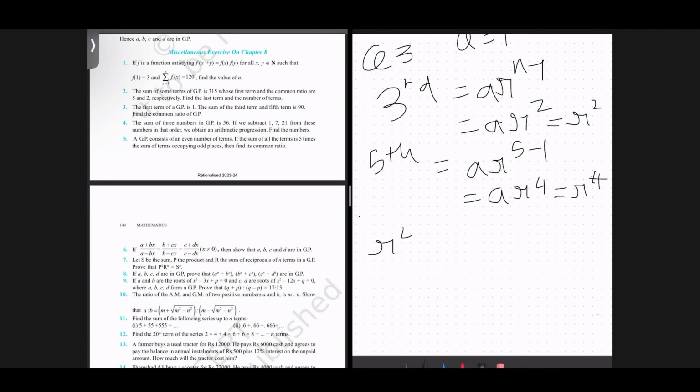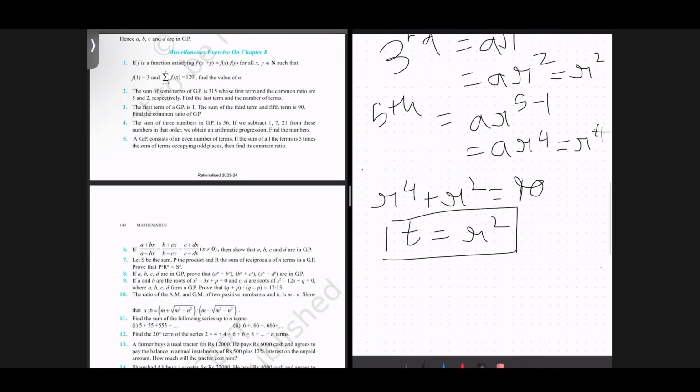So r^4 + r^2 is going to be 90, and we will not be able to solve the quadratic equation when you have powers of 4. So to simplify this, let's say t equals r^2. Let's substitute this, and then we'll be solving for this equation itself.